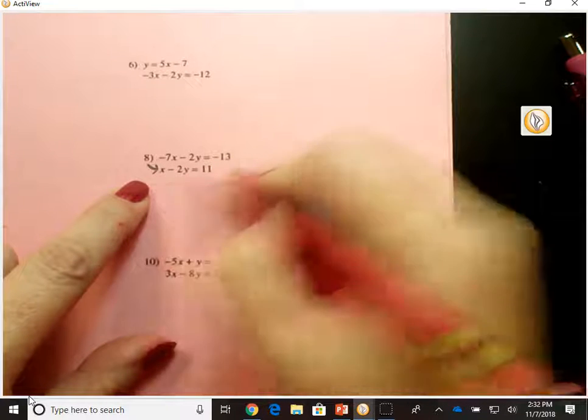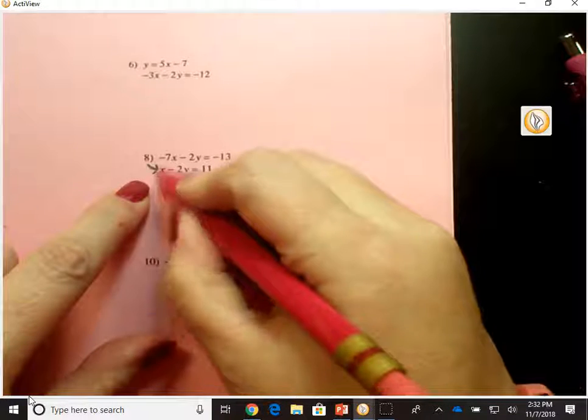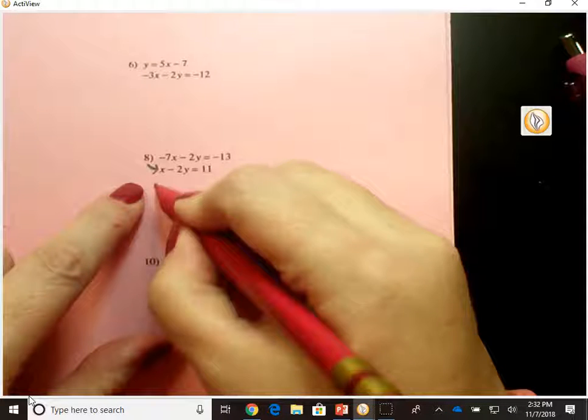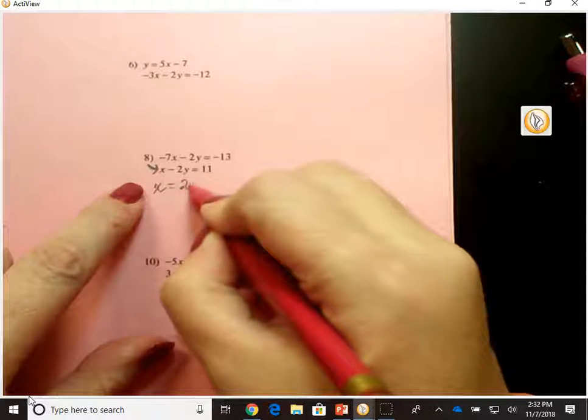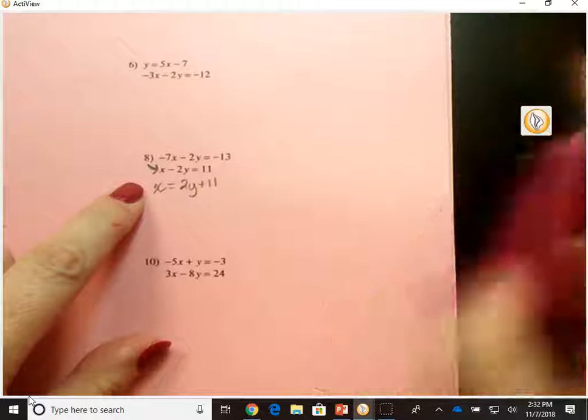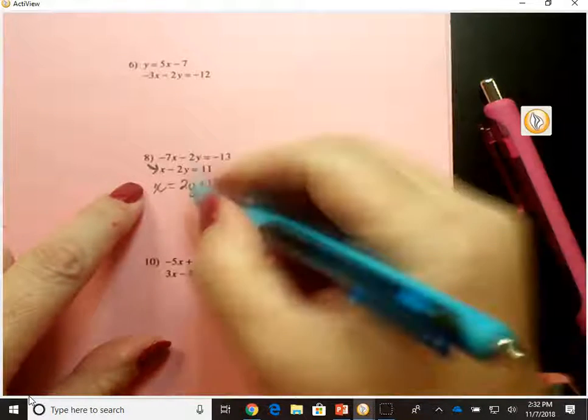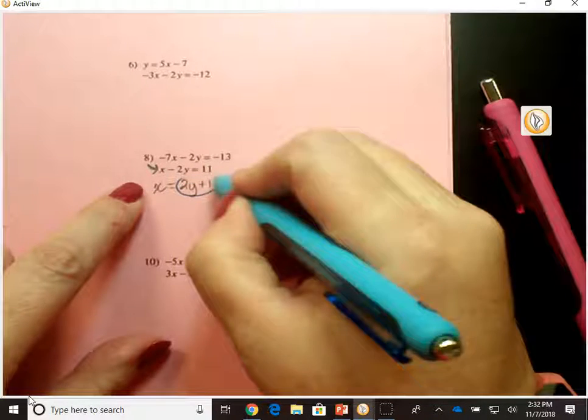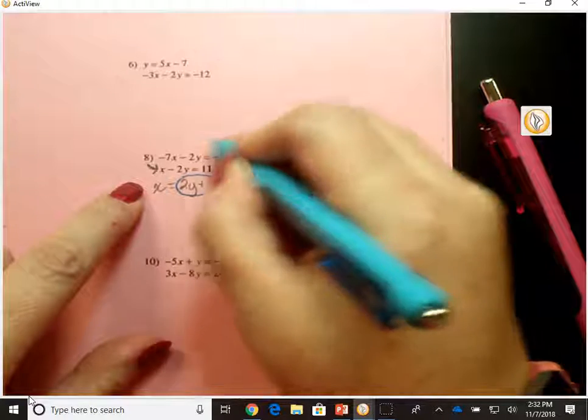So I'm going to start with that variable and I want to solve for x. That tells me that x is going to equal positive 2y plus 11. Now I know what x equals.